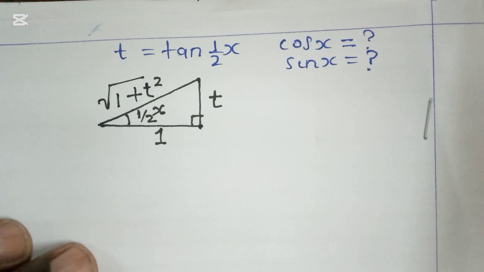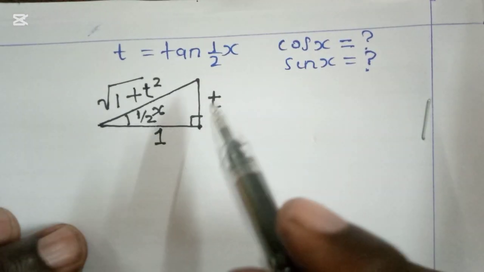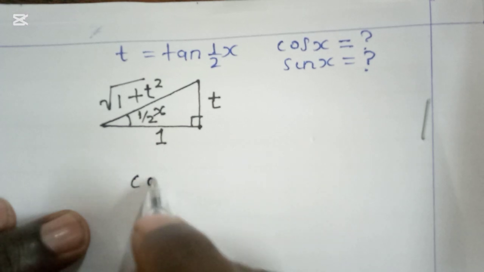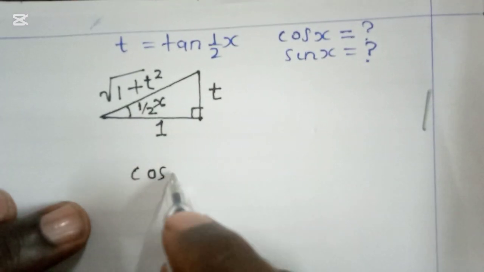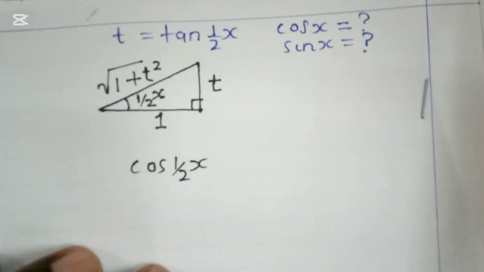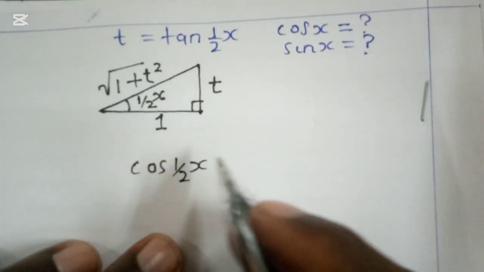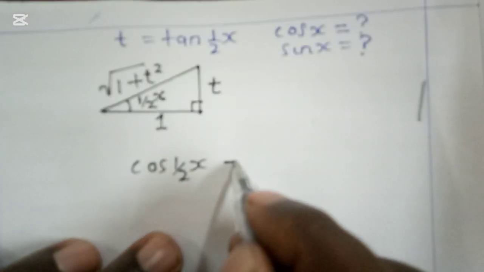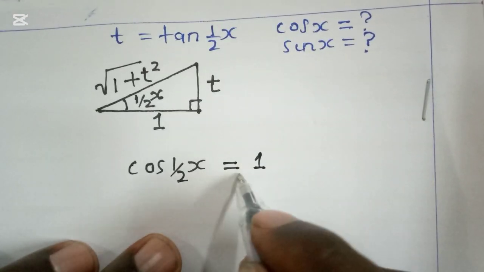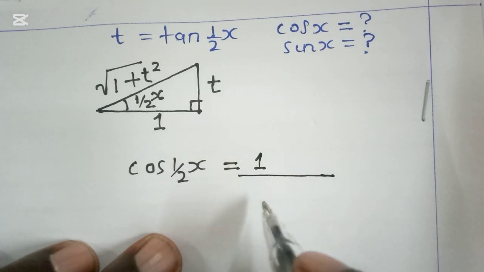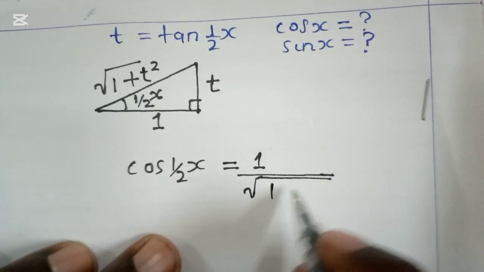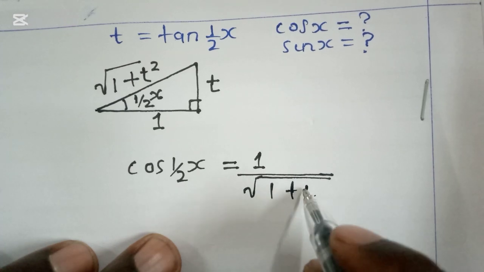So guys, we are now able to find the cos, that is cos half x. With that right angle triangle, we are going to get adjacent all over hypotenuse, which is 1 over the square root of 1 plus t squared.